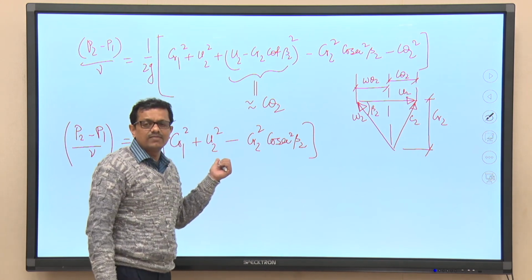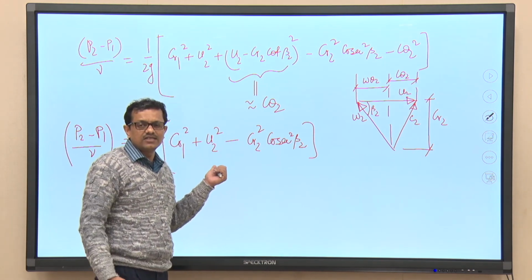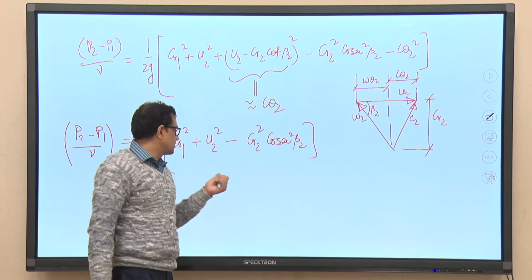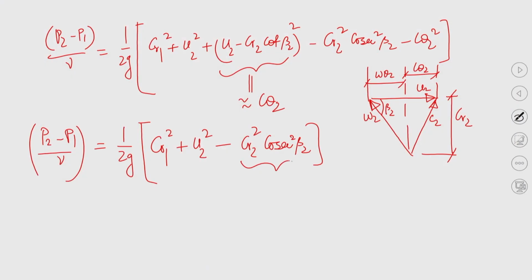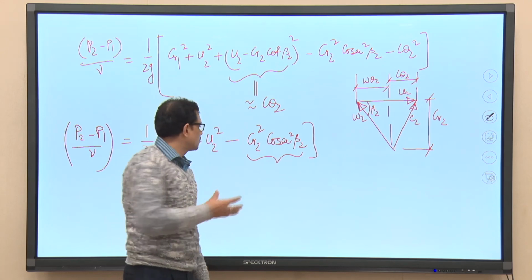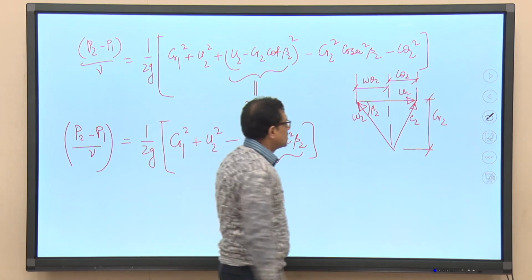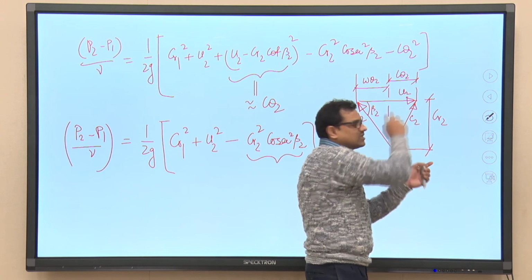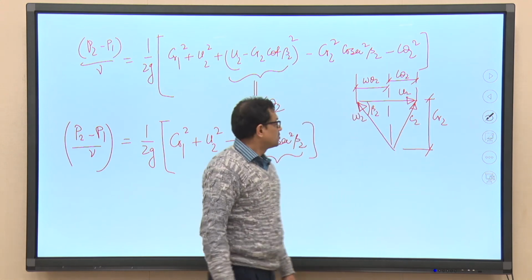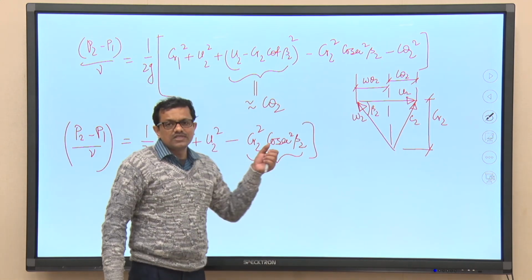In fact, that is what we have learned from the Euler equation, that C theta 1 equal to 0 is the ideal case. But what we can see from this expression is that we can reduce CR2 square into cosec square beta 2. So, basically by tuning the blade angle at the outlet and also by tuning CR2. If I reduce CR2, then C2 will be reduced.